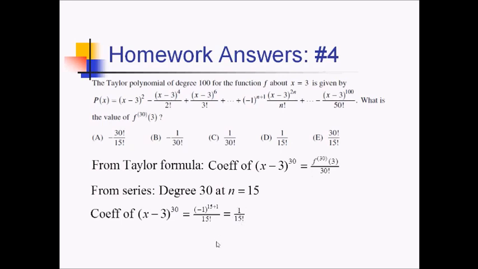We're just going to compare these two things now, set them equal, and at this point I can just go ahead and solve for my 30th derivative. To do that, I'll just multiply both sides by 30 factorial. So that's 30 factorial over 15 factorial. Careful, the factorials do not just cancel out. This is actually one of the answer choices, thankfully, choice E. So we're going to pick that and call it a day.